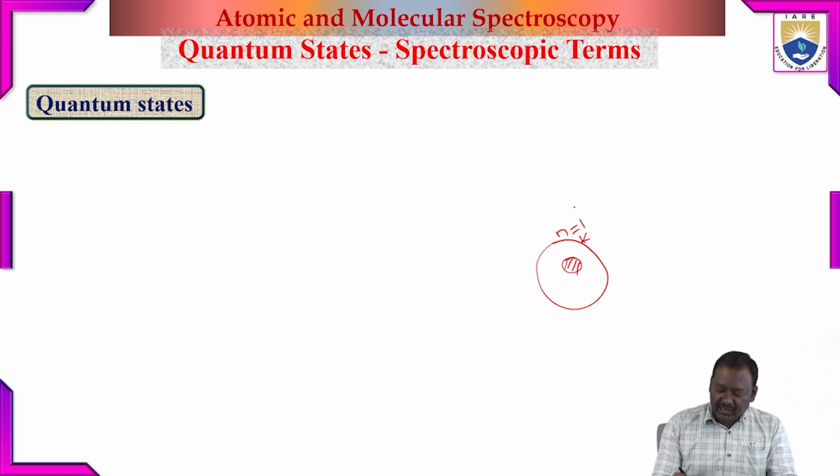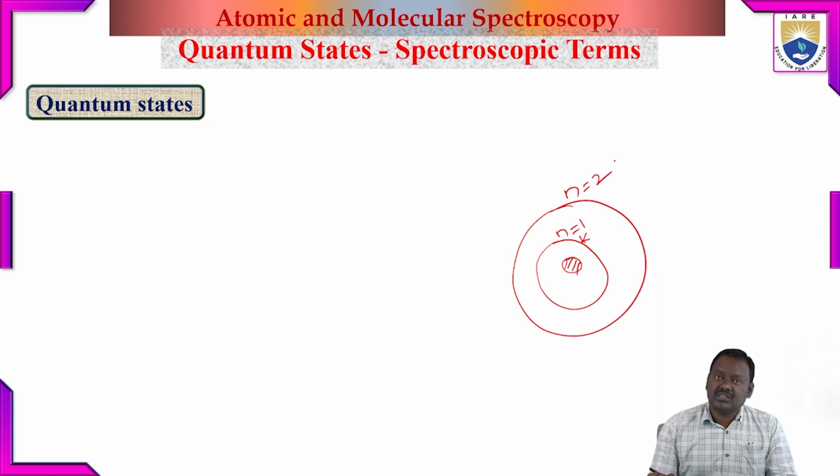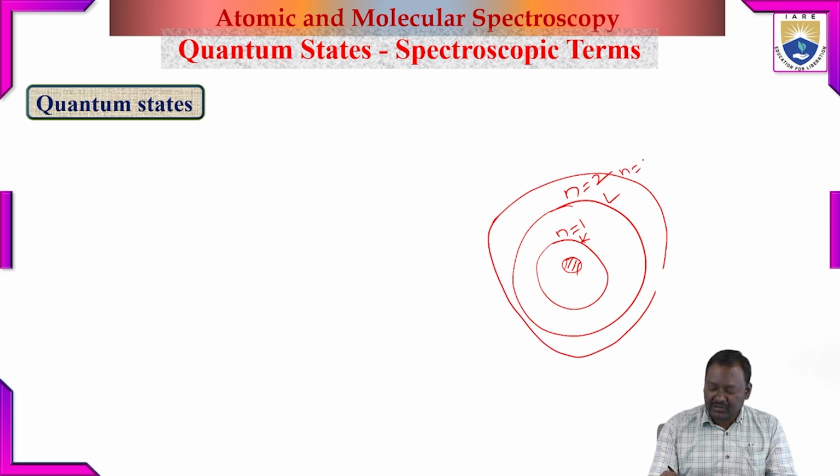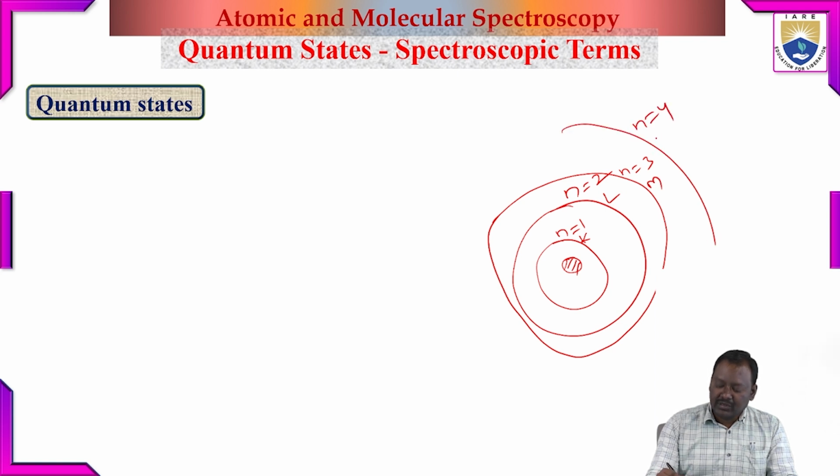For the second circular orbit, the principal quantum number n is equal to 2 and it is also named as L. In this way, third circular orbit n equal to 3 is named as M. Fourth circular orbit n equal to 4 is named as N. In this way, we give principal quantum number for different orbitals.